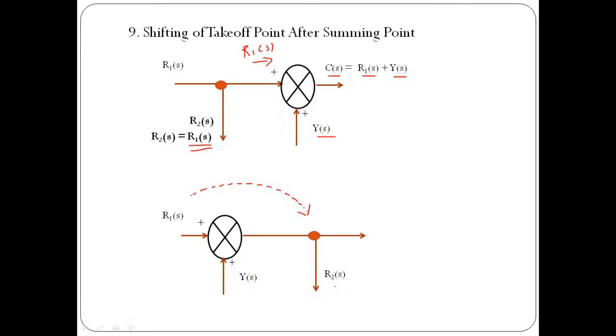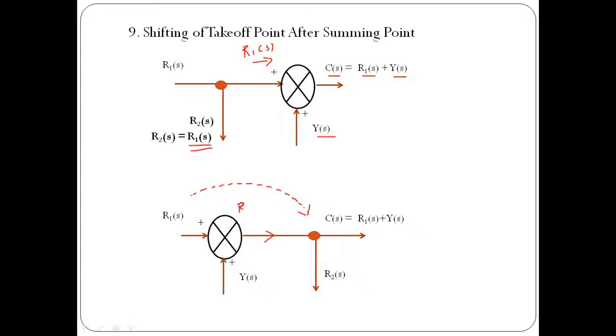Let us try to calculate what will be the value of output and the value of feedback signal we are getting over here. So here the output will be like this, because the output is nothing but the resultant of the input available at the summing point.